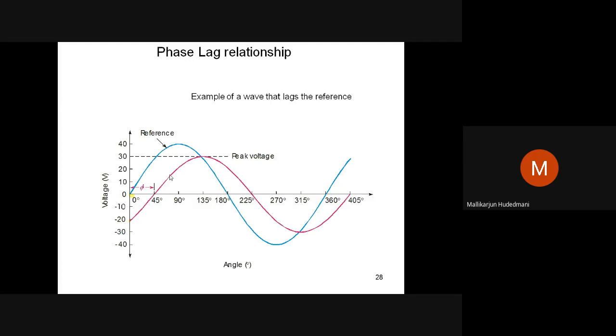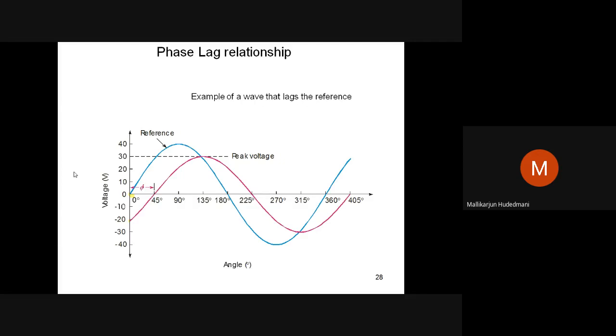Wave number 2 is said to possess a phase lag relationship with wave number 1 because respective points on wave number 2 appear later than those of wave number 1 by 45 degrees. The pattern is sinusoidal, but any observation like a zero crossing, attainment of peak, another zero crossing towards the negative cycle, attainment of negative peak, these respective points also appear on the red wave, which is the second wave.